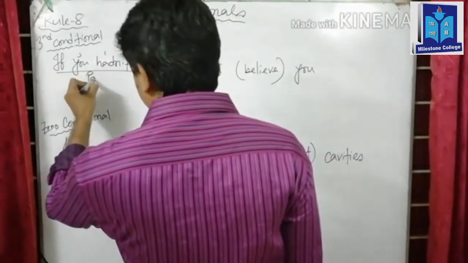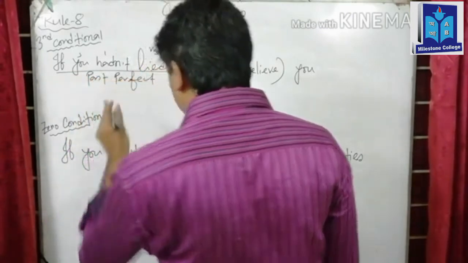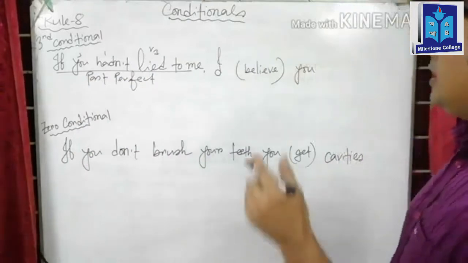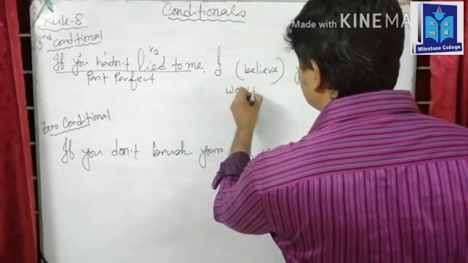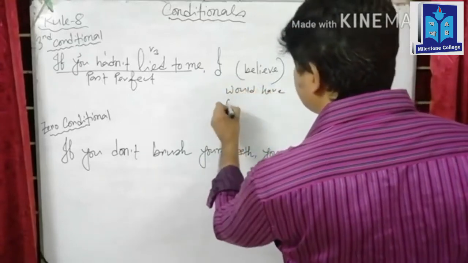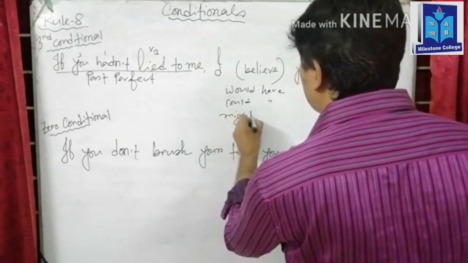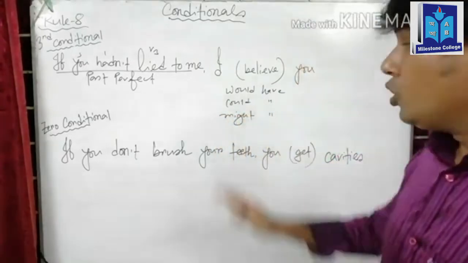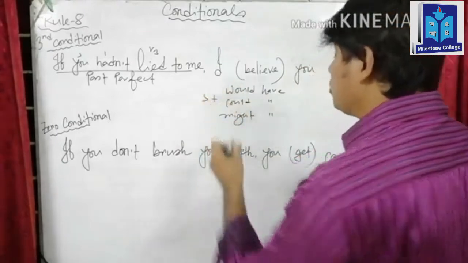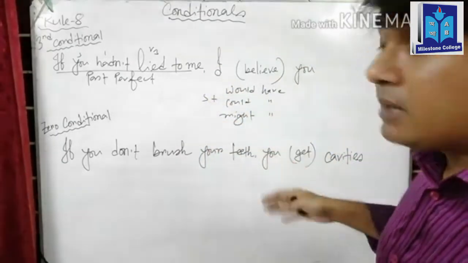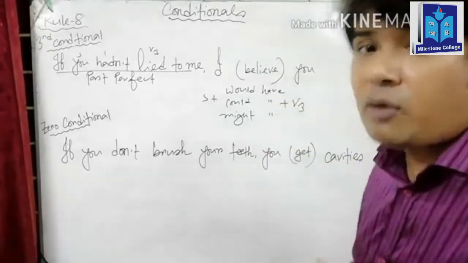And when this conditional clause is in past perfect tense, then after the subject we have to give would have, could have, or might have, any of them. And then V3, or past participle form of the verb.